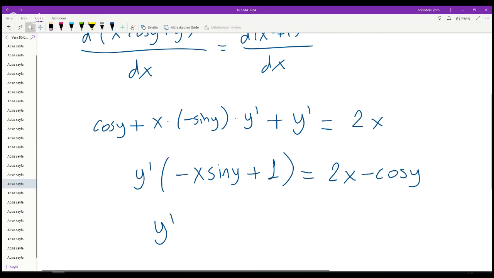Therefore, y prime equals (2x minus cosine y) over (1 minus x sine y). Okay? So that is finding the derivative as a functional form by implicit differentiation.